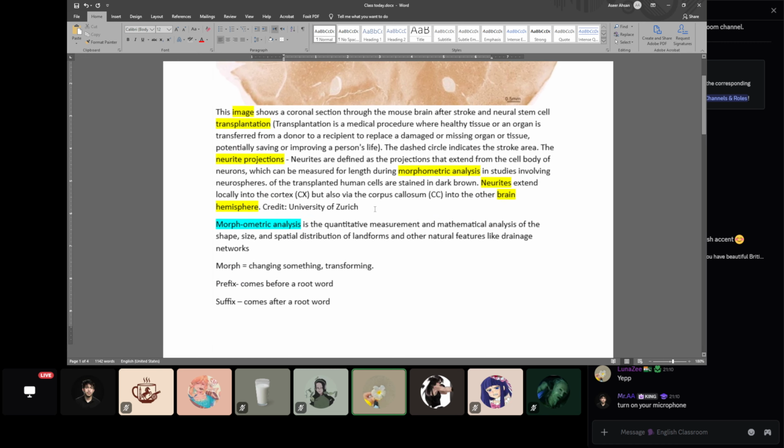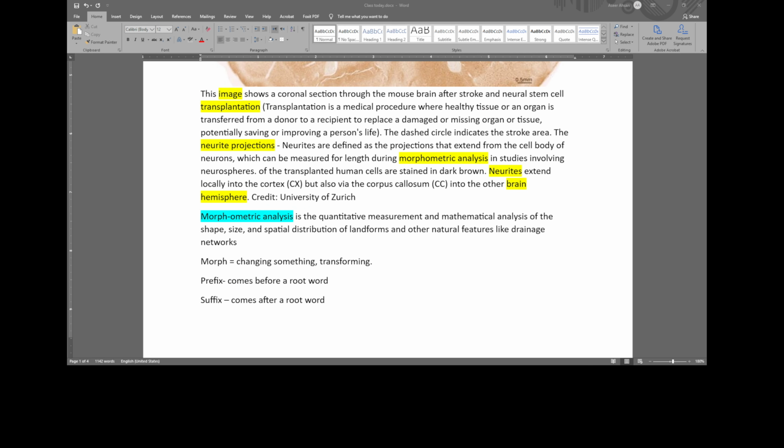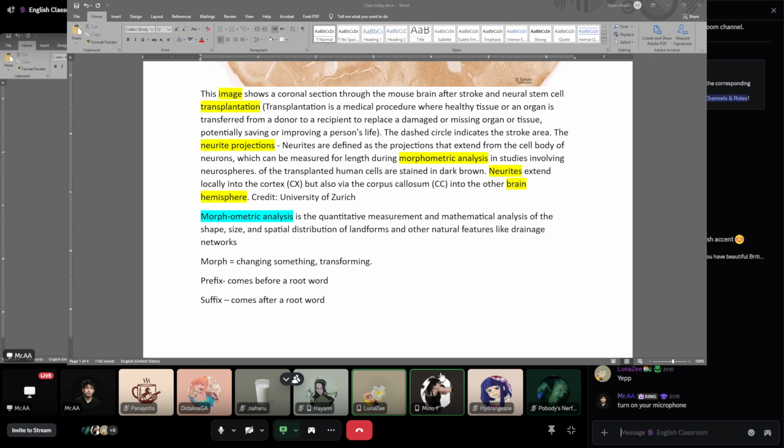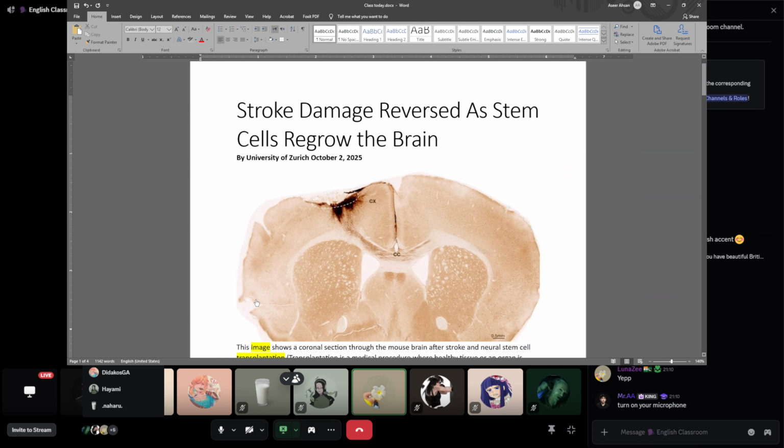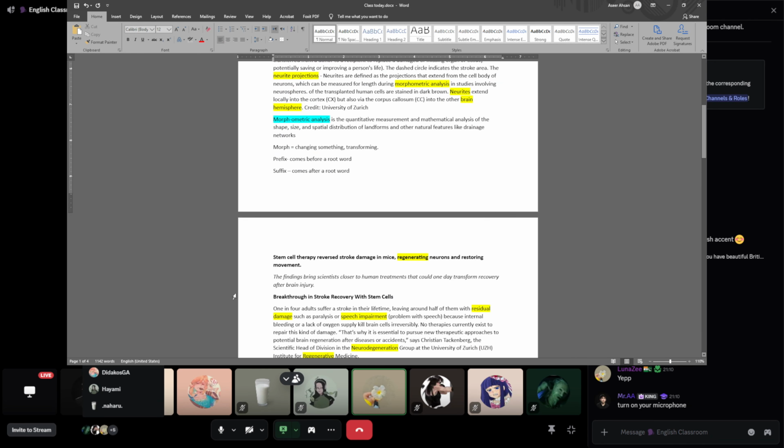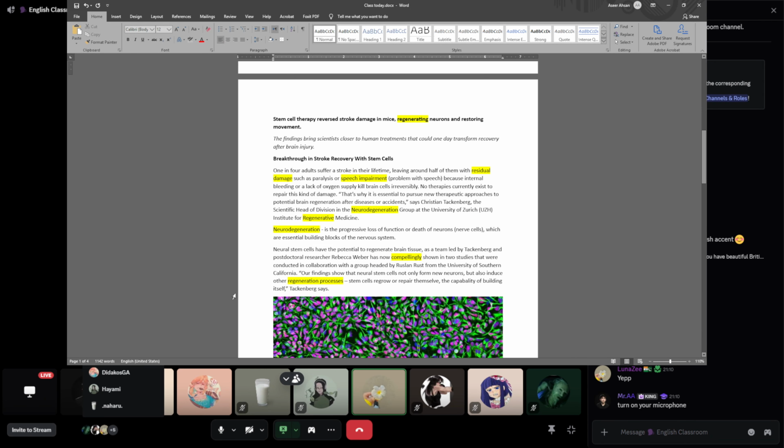Actually, okay, let me try. They made sure the grounds. Is it something related to stroke? Yes. What stem cell?